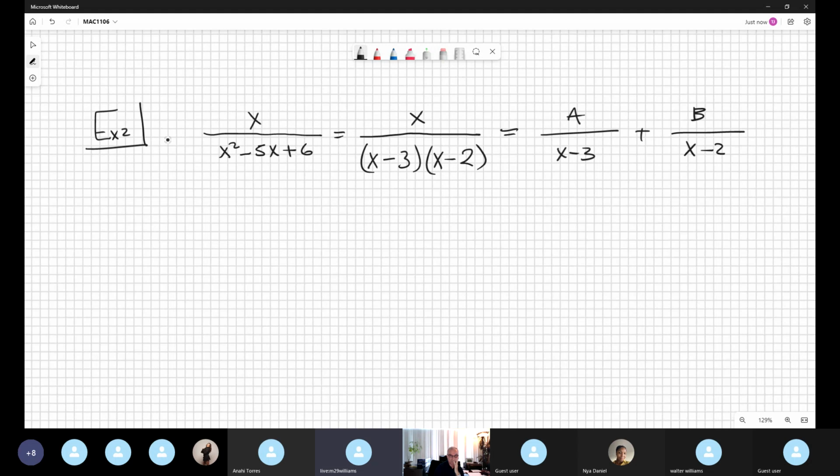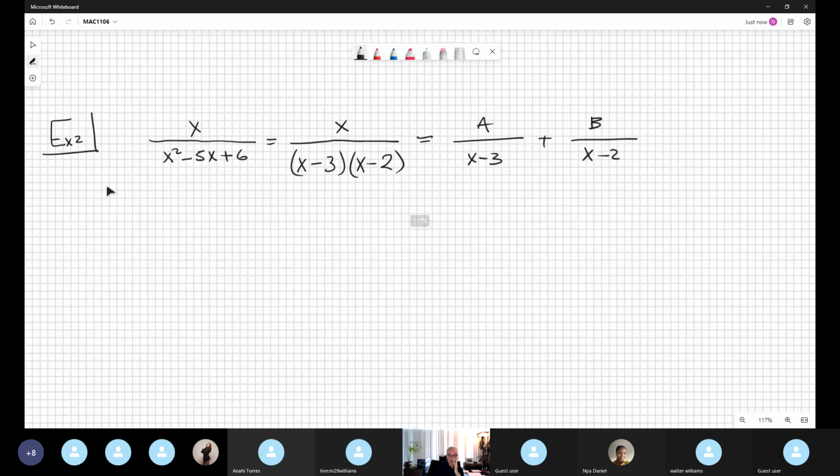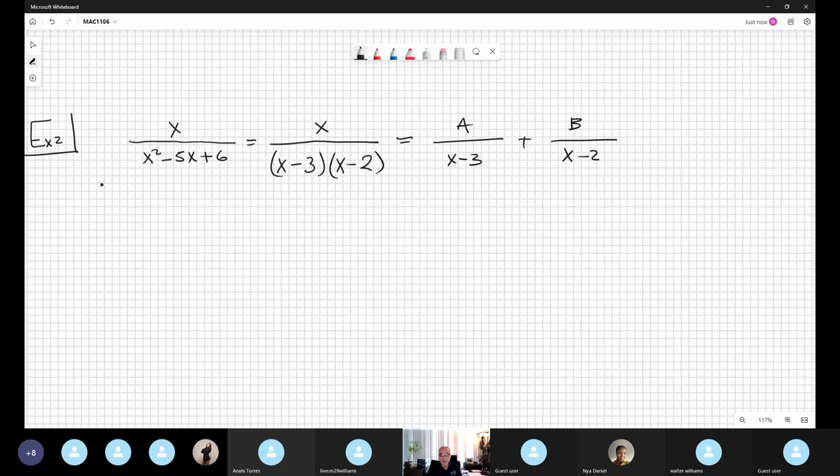Yes. Cool. Now I try to eliminate the denominator. So you find the least common denominator, LCD, which is x minus 3 times x minus 2. And you multiply this expression by this. It's obvious. And when you multiply in the left-hand side, stay alive only x, no?